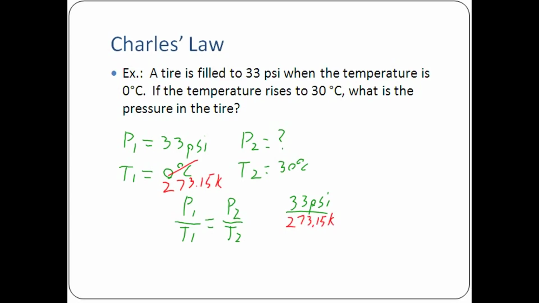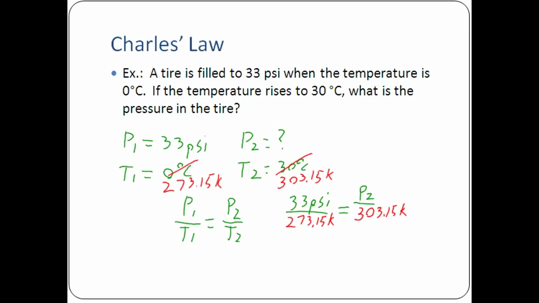And then once we've got that, we set up the rest of the equation, equals P2, we do not know what that is, over T2. T2 is 30 degrees Celsius, but 30 degrees Celsius is not in Kelvin, so we have to add 273.15, and we get 303.15 Kelvin. So P2 is over 303.15 Kelvin.